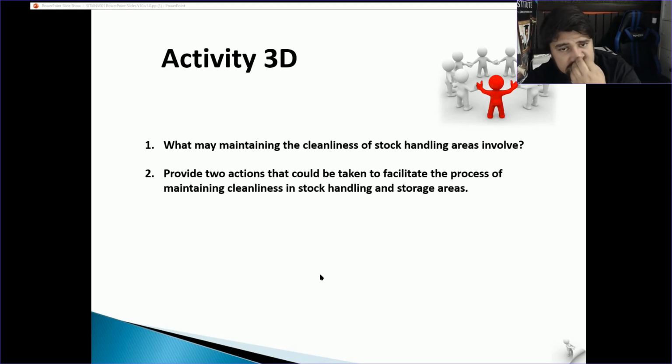Provide 2 actions that could be taken to facilitate maintaining cleanliness in stock handling and storage areas. So having a specific time of the day that we go in and clean the stock areas, having people designated to clean those areas, having a list of things that you need to do so that we don't forget what the cleaning procedures should look like, checking on all equipment, keeping a log of what we've done, very important.